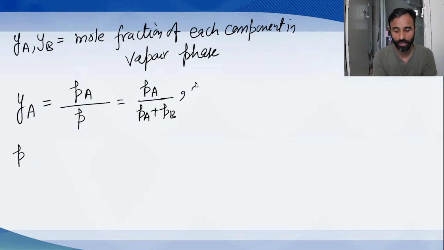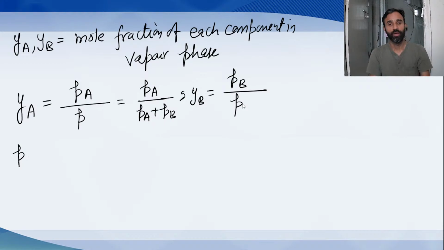And Yb equal to Pb upon P total. This is the formula. That is the mole fraction of each component in vapor phase.